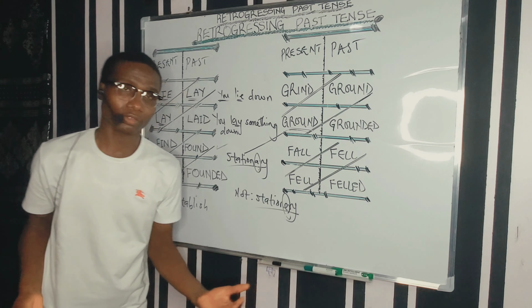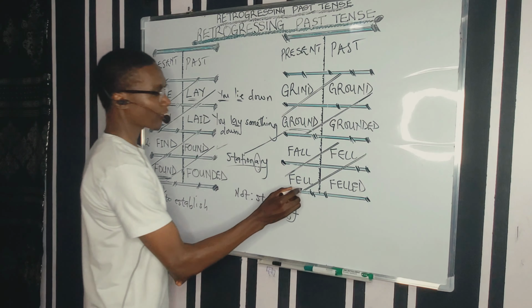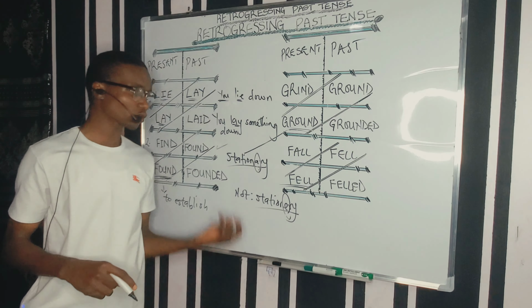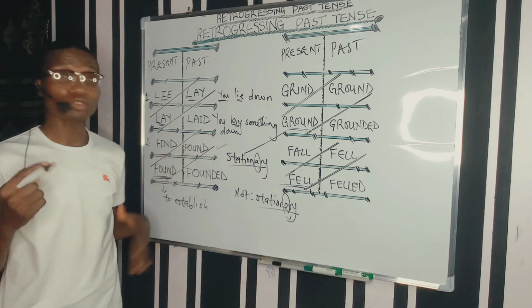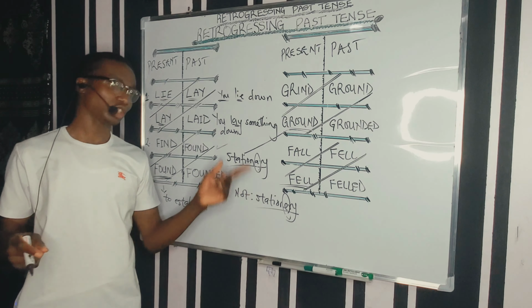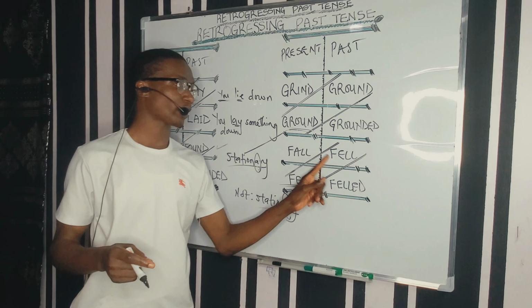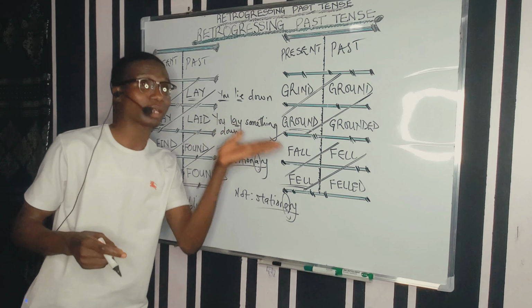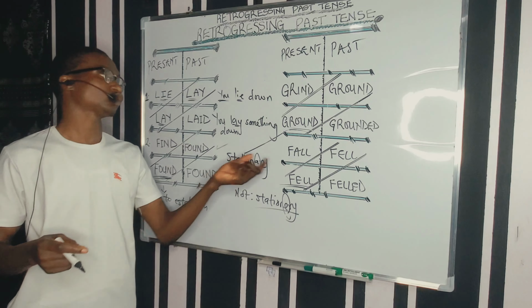Now you have fall. The past tense of fall, of course, is fell. To stumble. We now have fell. So what does this fell mean? Of course, it will have nothing to do with this. But at a wider scope, this is my own definition now, that humans or animate things actually fall. But let's stay with human. Humans fall. But fell is specifically for trees.